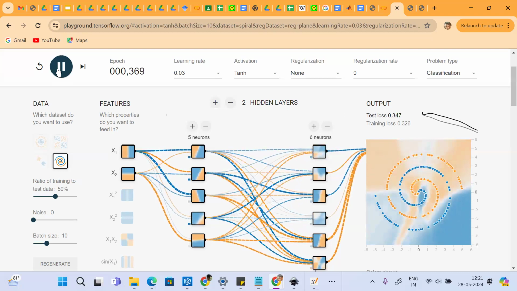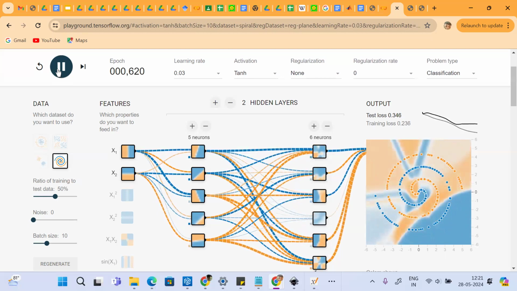Your assignment for next class, apart from the theoretical assignment, is a computational assignment: to show that the network is able to classify this data. What kind of parameters will you fix so that this data is classified?